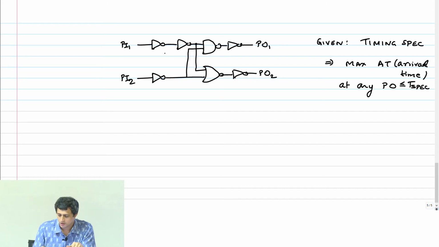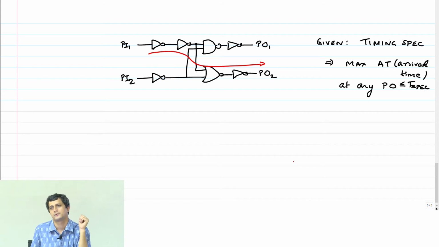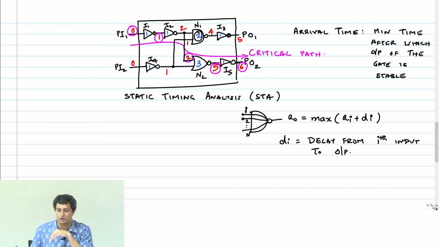Now clearly, because there are maximum number of gates in this path, we might say, okay, let us pick that path and optimize the delay of that path. Right? It's a fair thing to do, because that's going to give you the largest delay. And if you ensure that the largest delay is less than T spec, then you are fine. But unfortunately, you saw in the previous example that the other output arrival time was not far behind. It was only 5.